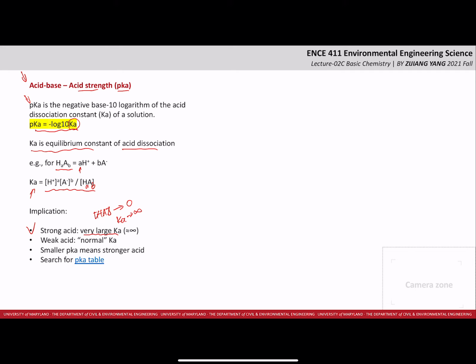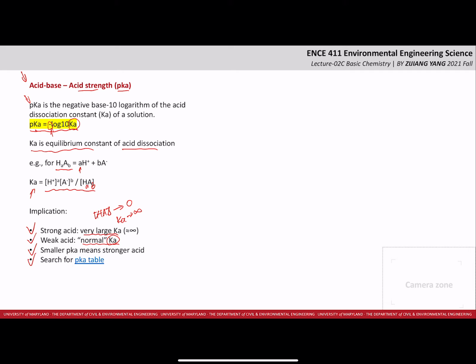And we can also see that for a weak acid, we will have a Ka value which is smaller than that of a strong acid. So the smaller pKa means a stronger acid, because for the pKa we have the negative sign here.